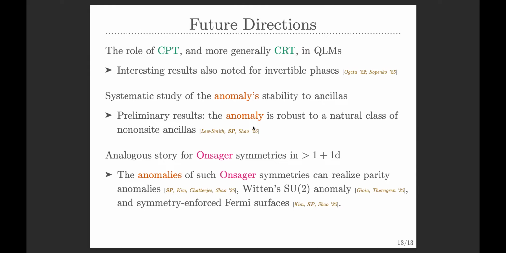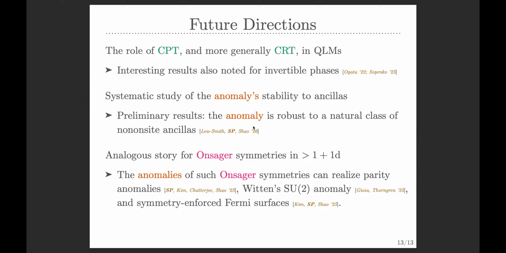There's a paper by Ogata where she showed that if you take some index classifying 2+1D fermionic SPTs, it only matches the continuum answer if you enforce a CPT. And there's another paper by Nikita that shows that if you take some invertible states, there's always some reference state that has a CRT.